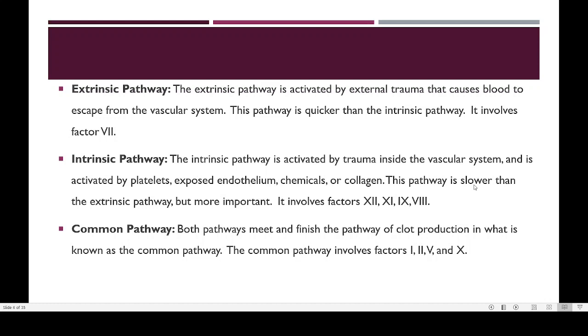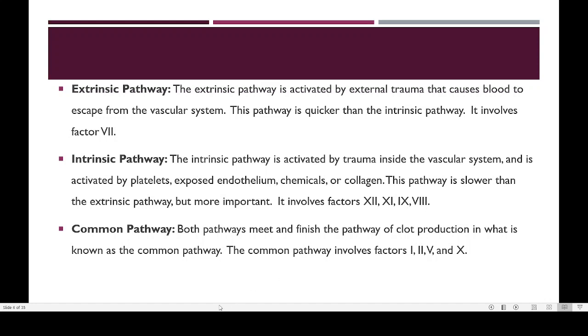The difference is that this is a slower pathway, while here you can see this is a quicker or faster pathway. Now there are four important factors involved: clotting factor 12, clotting factor 11, clotting factor 9, and clotting factor 8.